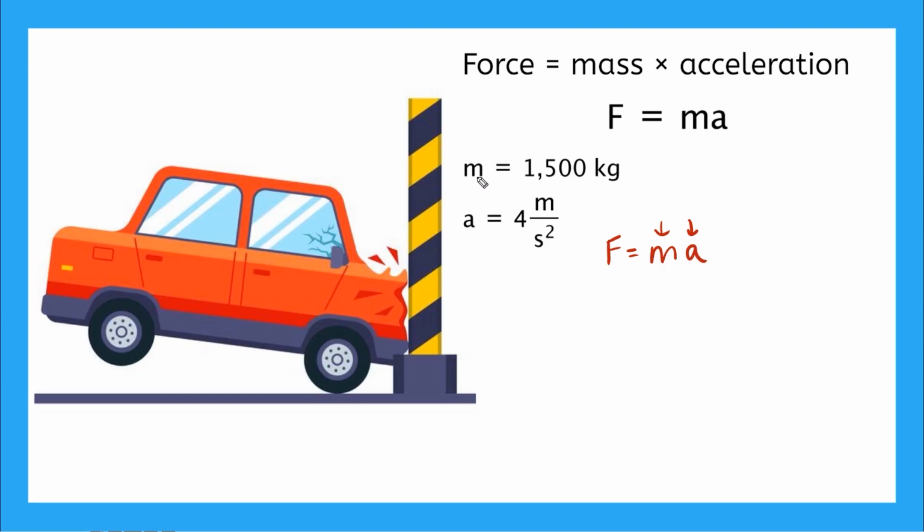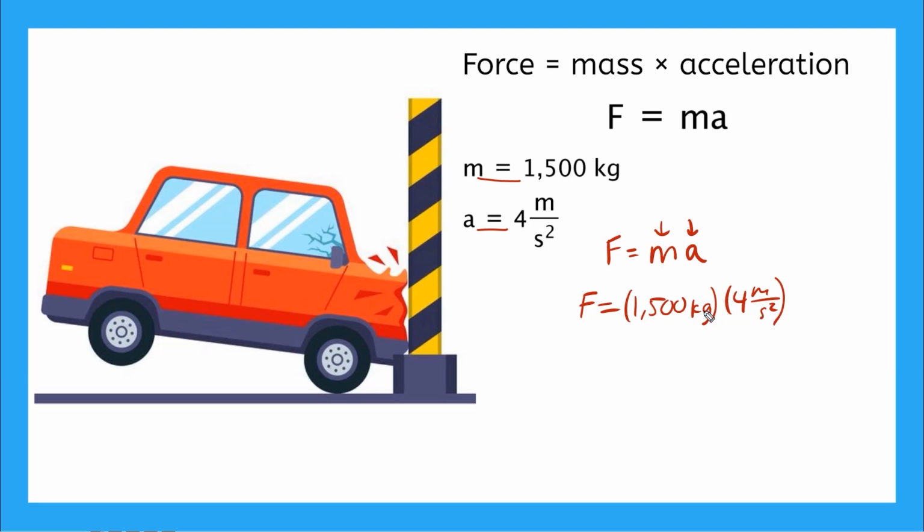But in this case, we know we have those given values for m and a, so we can use substitution. So let's plug it in. We know that the mass is equal to 1,500 kilograms, and the acceleration is 4 meters per second squared.